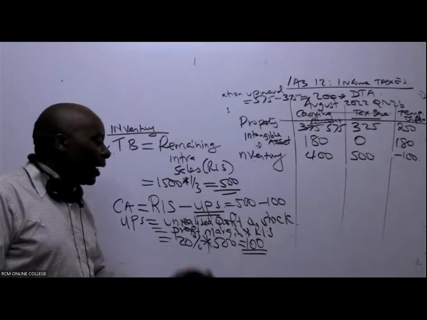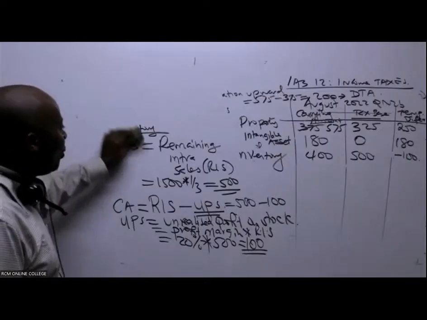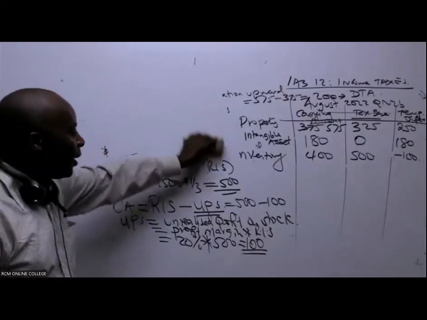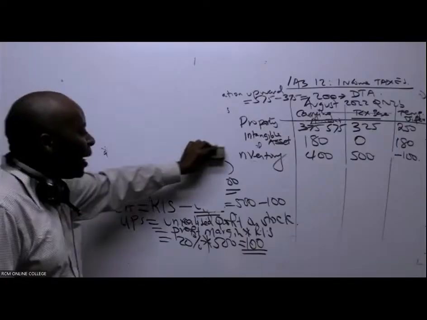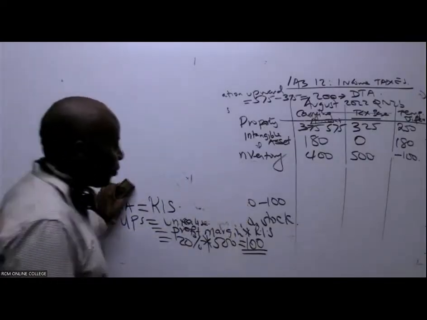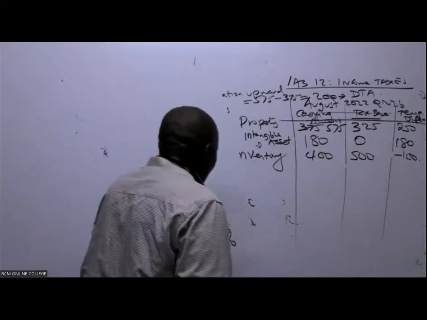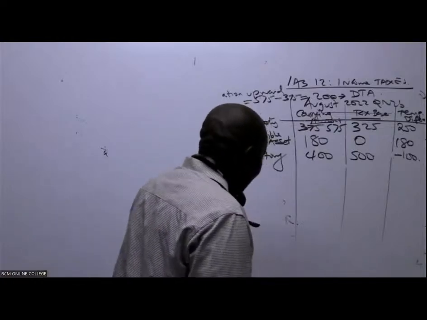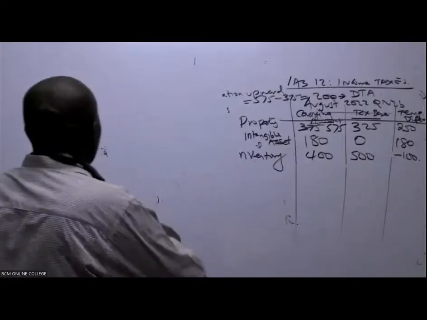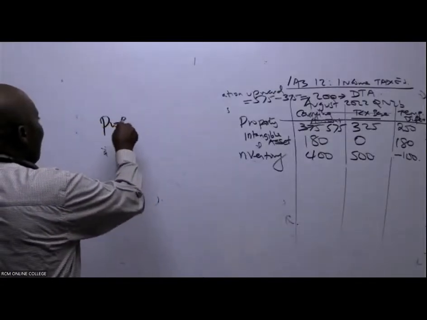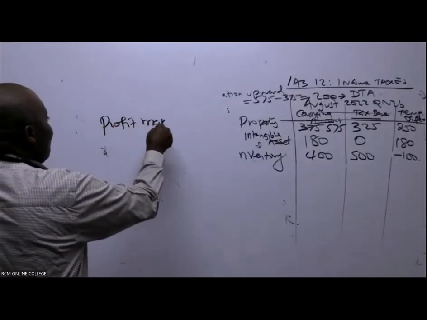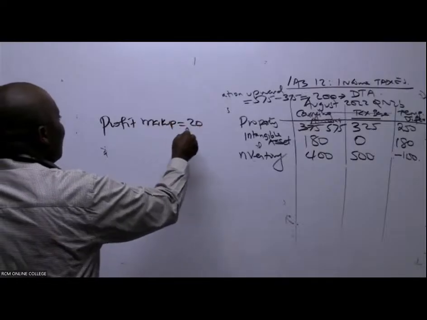However, your examiner will always tempt you. Instead of giving you the profit margin, which he rarely gives, he will tell you that the profit markup is 20%.